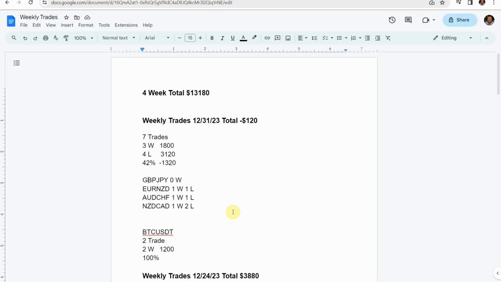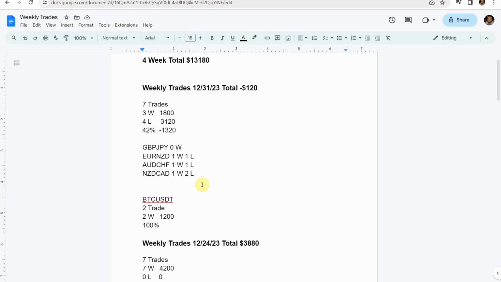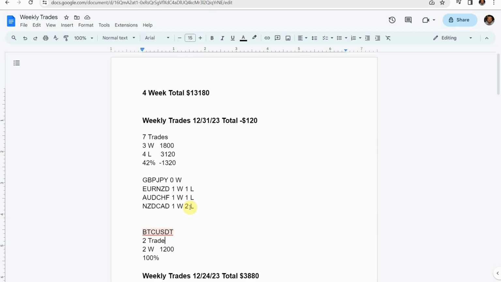So let's go ahead and go over the weekly signals. So using the Academy of Forex strategy, again, that I've mentioned a few times before, this is the signals from these 4 Forex pairs and this one crypto coin each week on the 30-minute time frame.